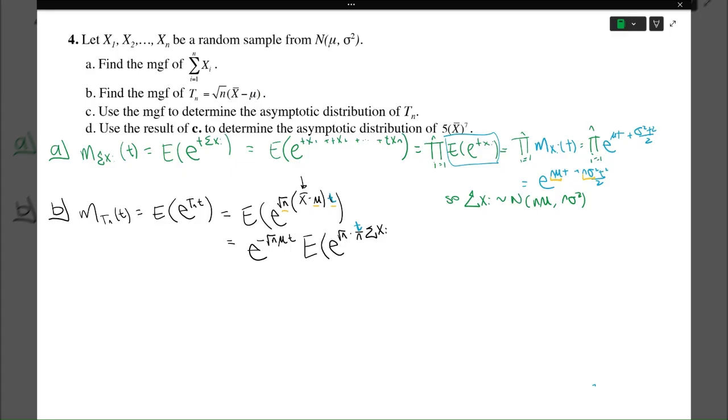Anytime you have an MGF, we saw over here that the definition of an MGF is the expected value of a random variable times t. Now inside this expectation, I have a random variable times t, lowercase t. So inside here, we can write that as M sub summation of the xi's.